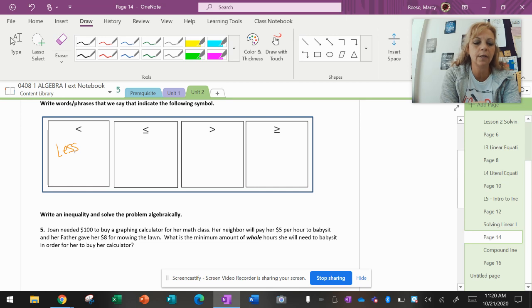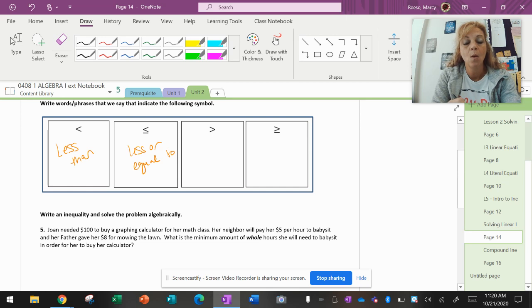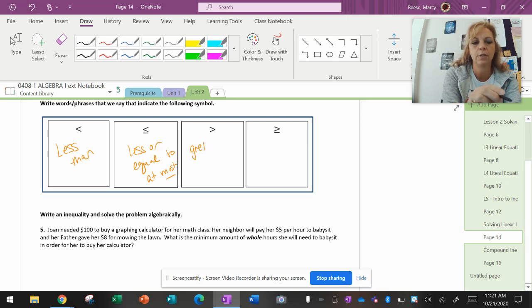We're going to say that anytime you hear the less than, it's that one, less or equal to, right? Or at most means it would be a less than or equal to. If it's a greater than, oh geez, Mrs. Reese can't spell.